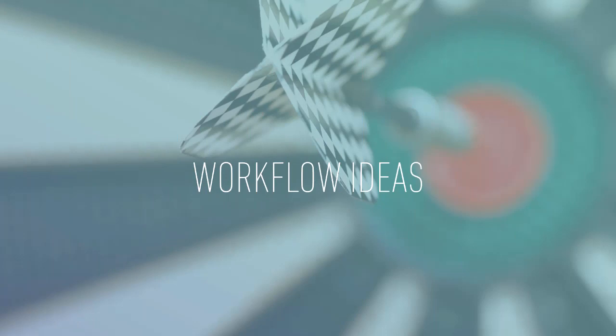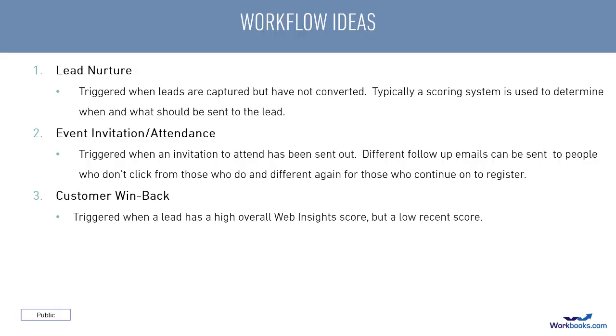What we put together there was a very simple workflow with no decision points in it. However, there are lots of possibilities for what you might like to set up, a handful of which are shown on the screen here. Maybe you want to use your scoring system to control what sort of communication to send to a lead.